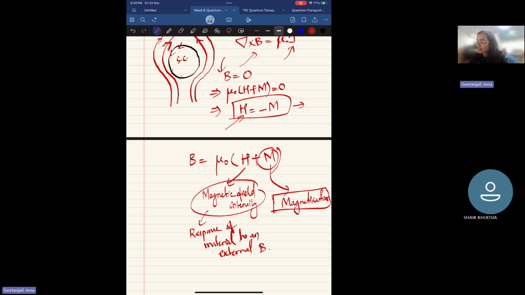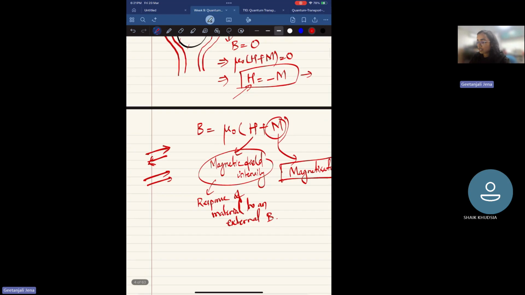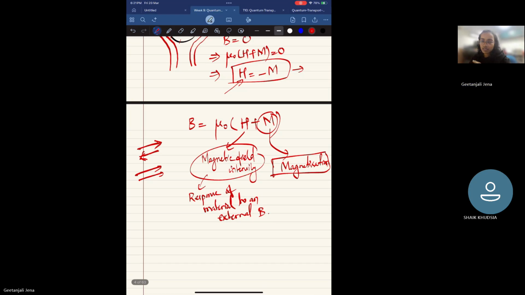Magnetization means if you put a magnetic material, for a normal metal, there will be dipoles that arrange either opposite to the applied magnetic field or in the parallel direction. So this is about the magnetization, and for a diamagnetic material, this H perfectly cancels the magnetization. So that is why the magnetic field inside is completely 0.